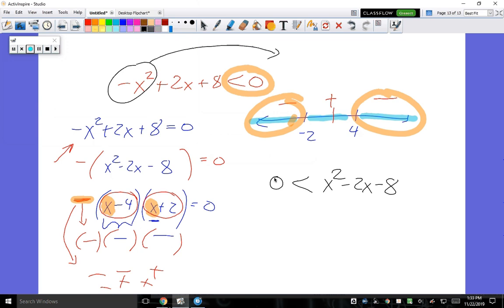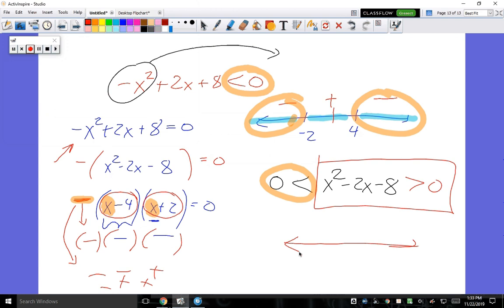I know it's backwards, but this right here, I could also write it as, look, I know it's so subtle, but a lot of people really don't know this. It's the same as writing this. When is all of that positive? So if I were to solve that, and over here with the sign test, I would still get a negative 2. I would still get a 4, but it's different because check this out. x minus 4, x plus 2.